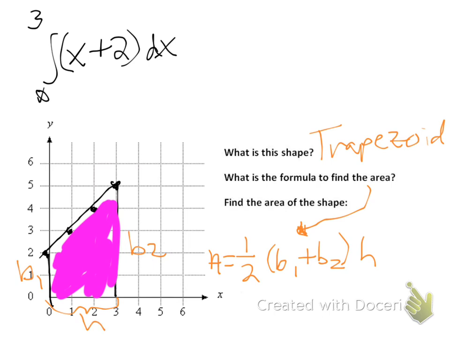So in this case, the area of this trapezoid will be 1/2 base 1, which is 2, plus base 2, which is 5, times the height, which in this case is 3. So if you multiply all that together, you should get that your answer is 21/2 or 10.5.